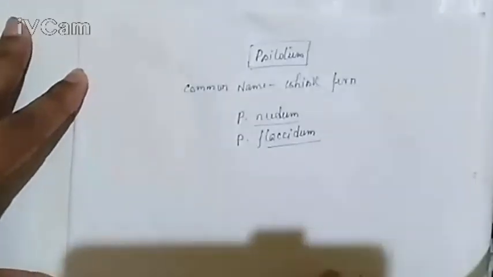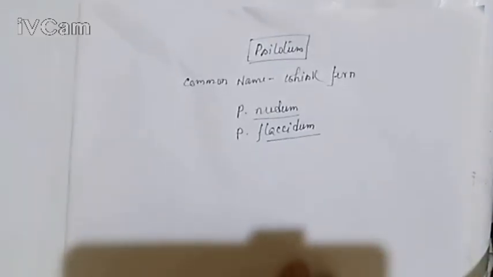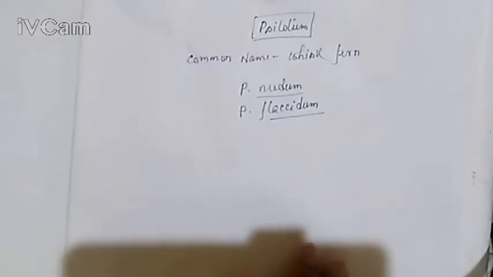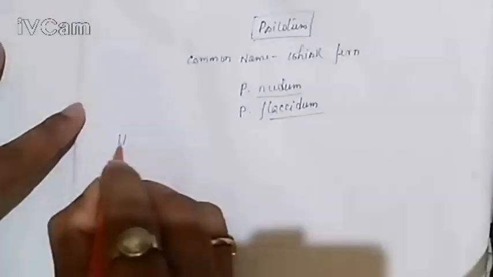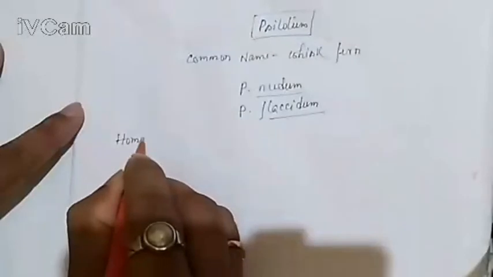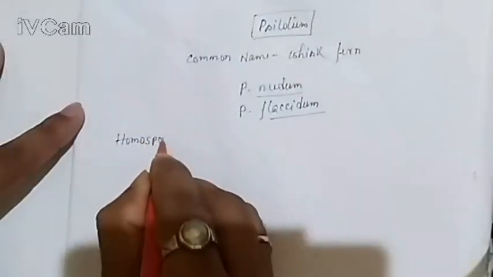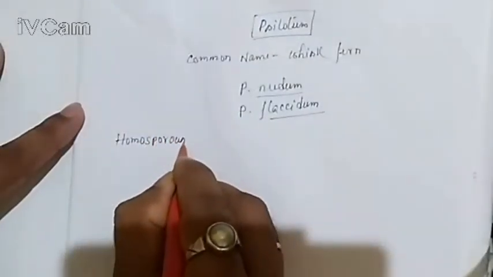Two Indian species, psilotum nudum and flaccidum, and they are commonly known as whisk fern. You know, this fern is actually homosporous. Homosporous, correct.